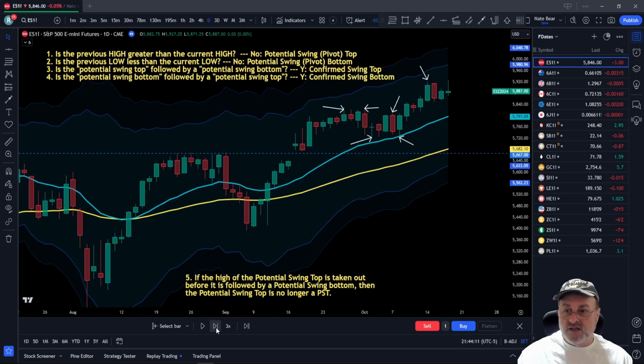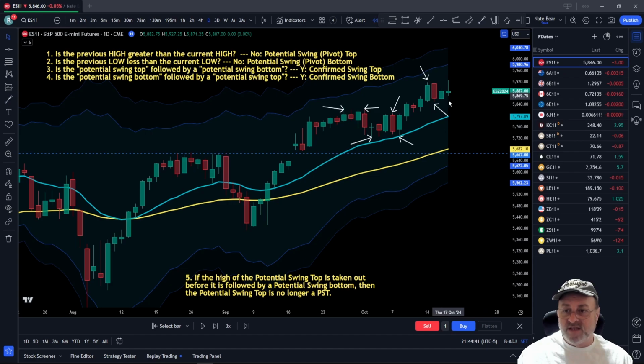Inside bar, nothing changes. Now we have a new potential swing top. It's got a higher high than the previous high. That's a potential swing top following a potential swing bottom. Potential swing bottom followed by a potential swing top, that's a confirmed swing bottom right there.